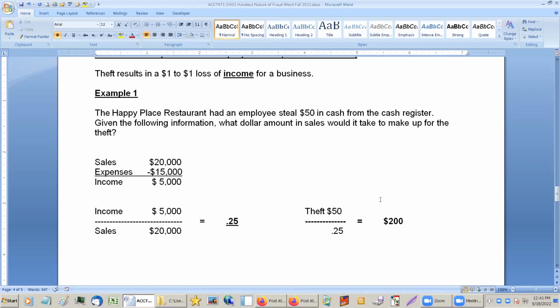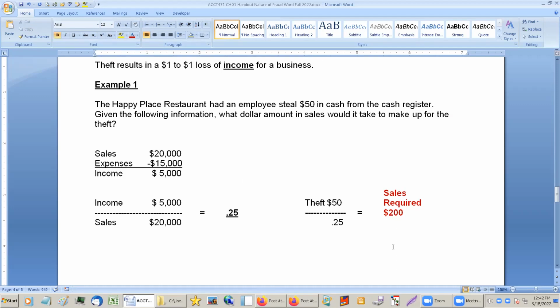So the sales required to make up for that $50 theft would be $200.